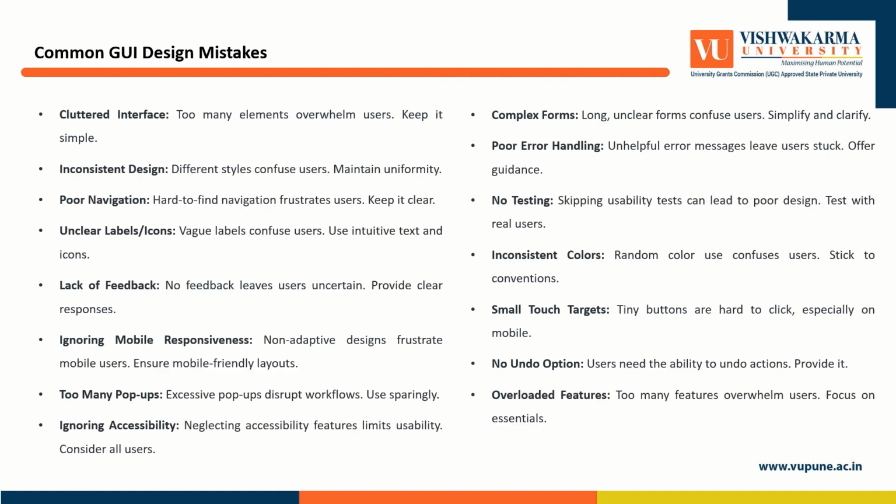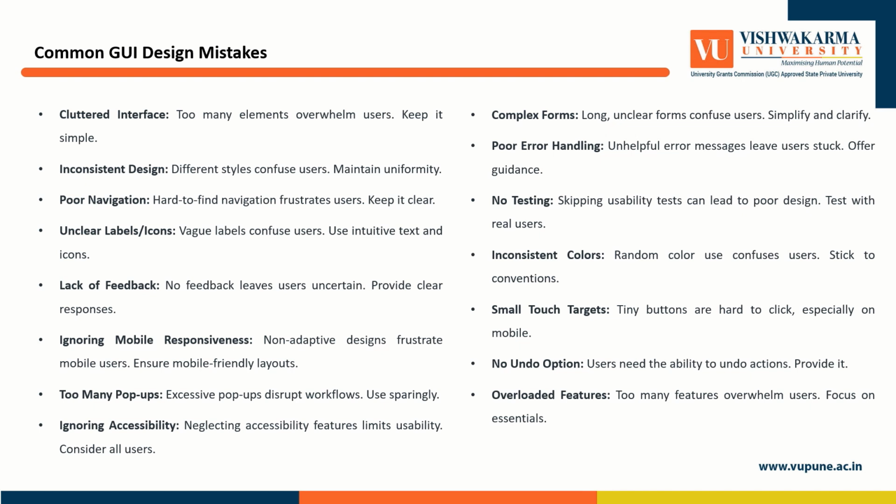Moving to the next slide, common GUI design mistakes. As you can see, there are many mistakes I have shown in the presentation. So first one is cluttered interface. Too many elements overwhelm users, keep it simple. Inconsistent design: different styles confuse users, maintain uniformity.